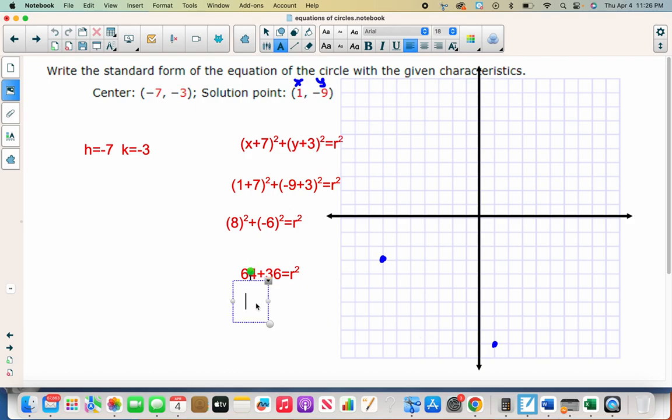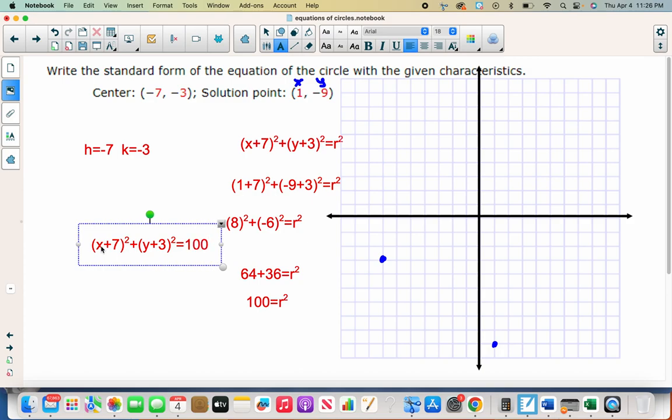36 plus 64 is 100 equals r squared. And technically, that's all I need for my equation, because I just need r squared. So the equation of my circle is (x plus 7) squared plus (y plus 3) squared equals 100. Right?